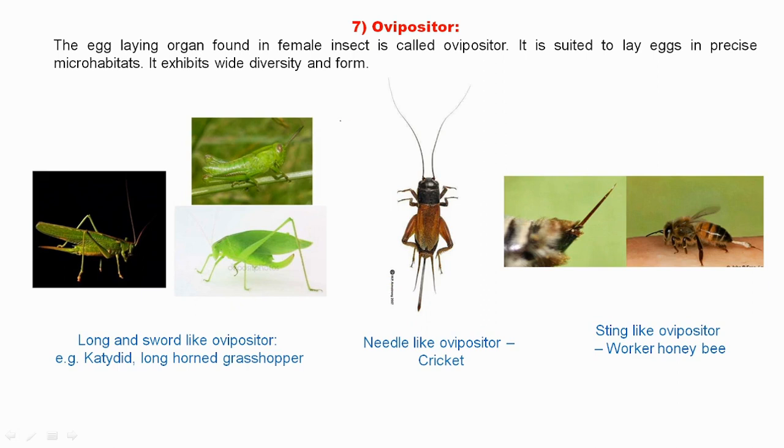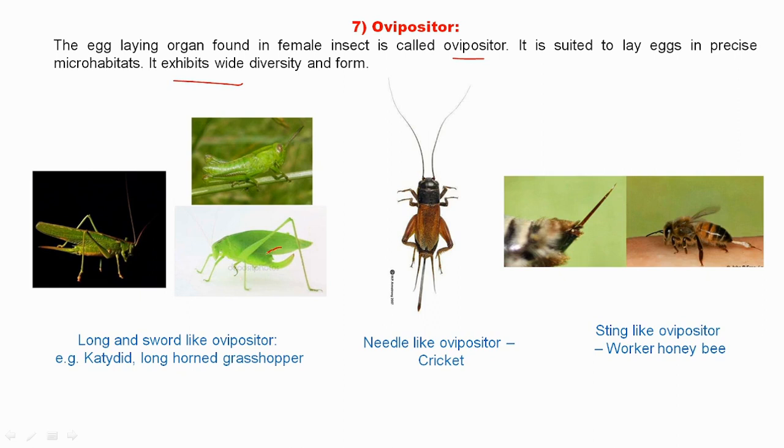Ovipositor, the egg-laying organ found in the female insect, is known as the ovipositor. This ovipositor is suited to lay eggs in precise microhabitats, and they also exhibit wide diversity in form.